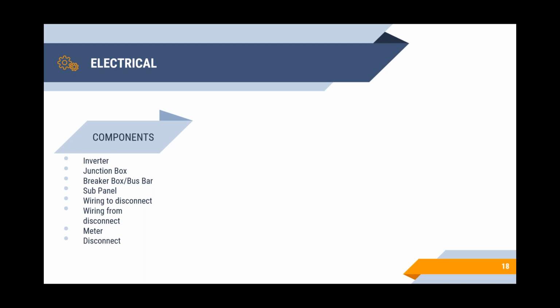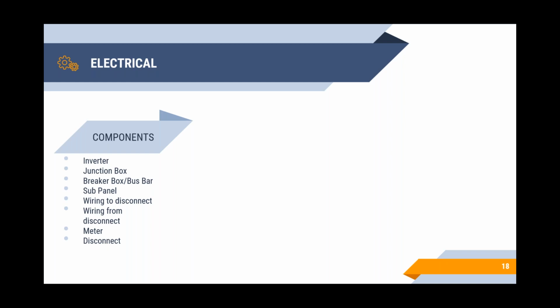You're going to need a junction box at some point so that we can take our modules and bring those into one point of entry per array. Then we're going to evaluate the breaker box, which will also include the bus bar. We may need a sub panel depending on how we want to design it, and/or how the arrays come into play. If you have one array, you may not need a sub panel, but if you have more than one, you may consider a sub panel as well.